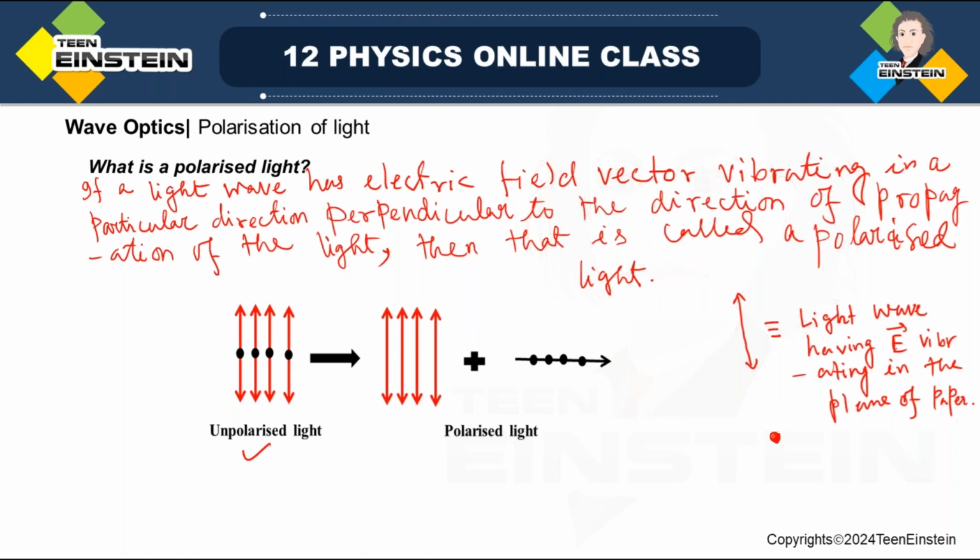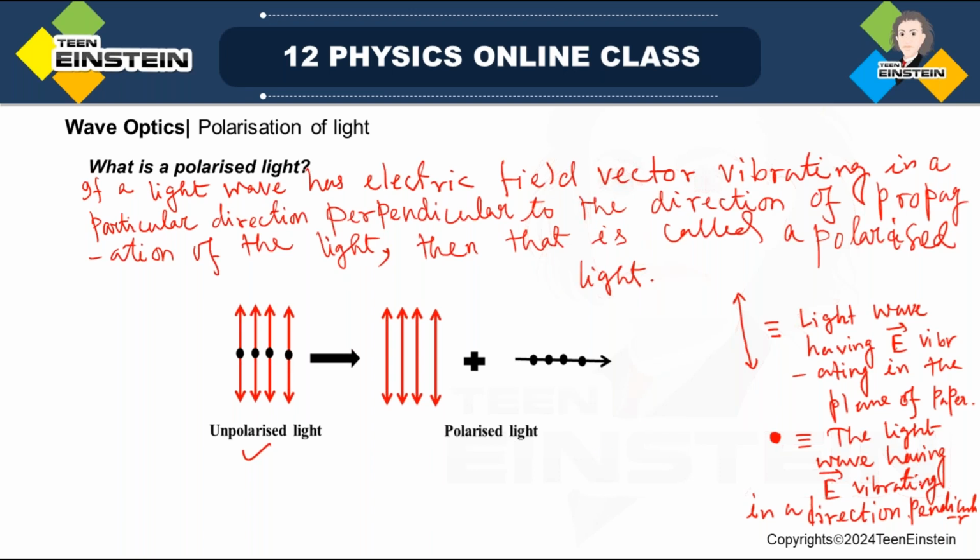These dots are representing the light wave having electric field vector vibrating in a direction perpendicular to the plane of the paper.